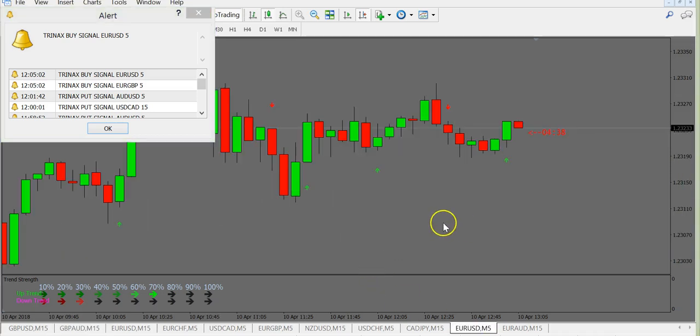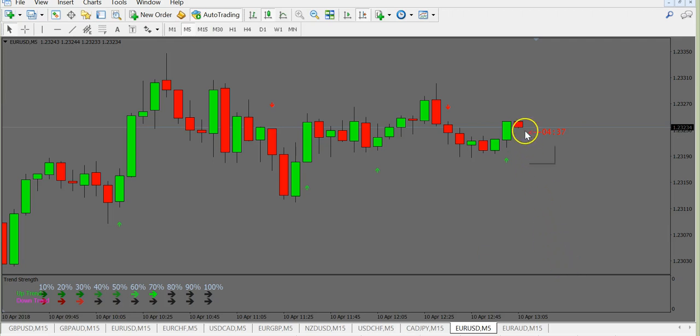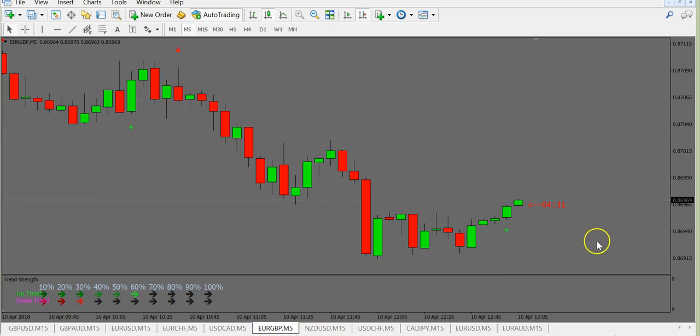Hello, we just got two signals here with the Binary Trinax indicator. Here it is a valid signal, and quickly here it is a not valid signal.